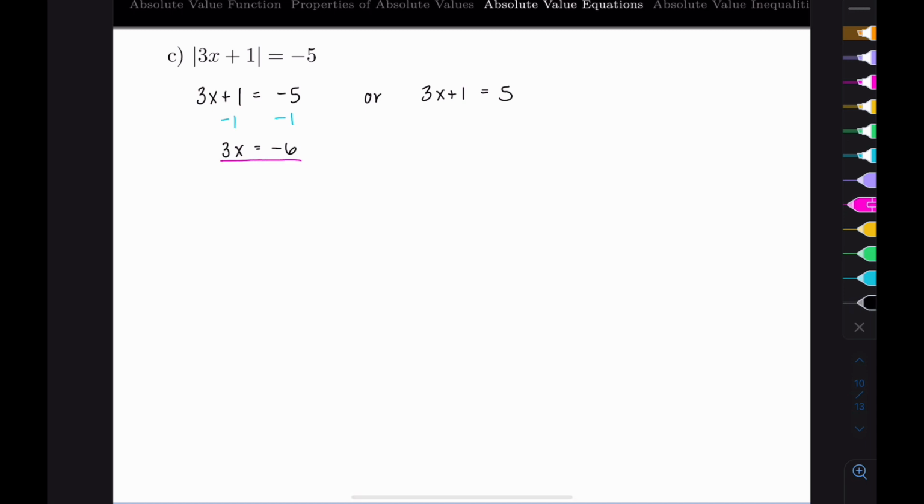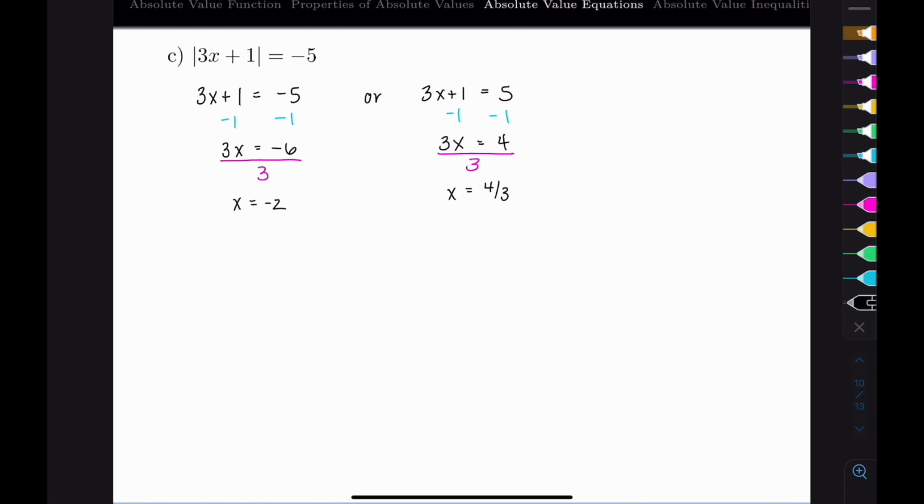And then divide both sides by 3, we get x equals -2. And then exactly the same thing on this side. Let's go ahead and subtract 1. And that gives us 3x is equal to 4. And then we go ahead and divide by 3. And we get x equals 4/3.